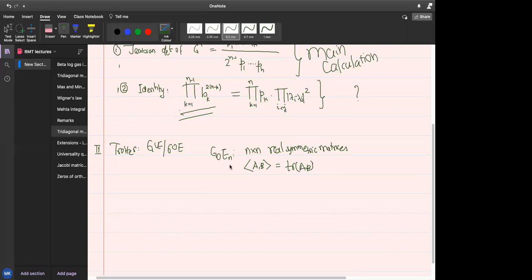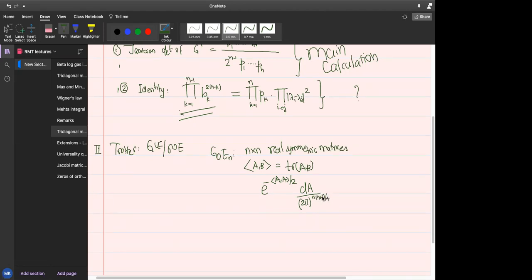Now, what is the GOE measure? The GOE measure is the standard Gaussian measure on this space. What is the standard Gaussian measure? Whenever you have a finite dimensional Hilbert space, you have Lebesgue measure, and the Gaussian measure is just e to the minus <A,A> by 2, with dA over 2 pi to the dimension by 2, which in this case is n into n plus 1 by 2.